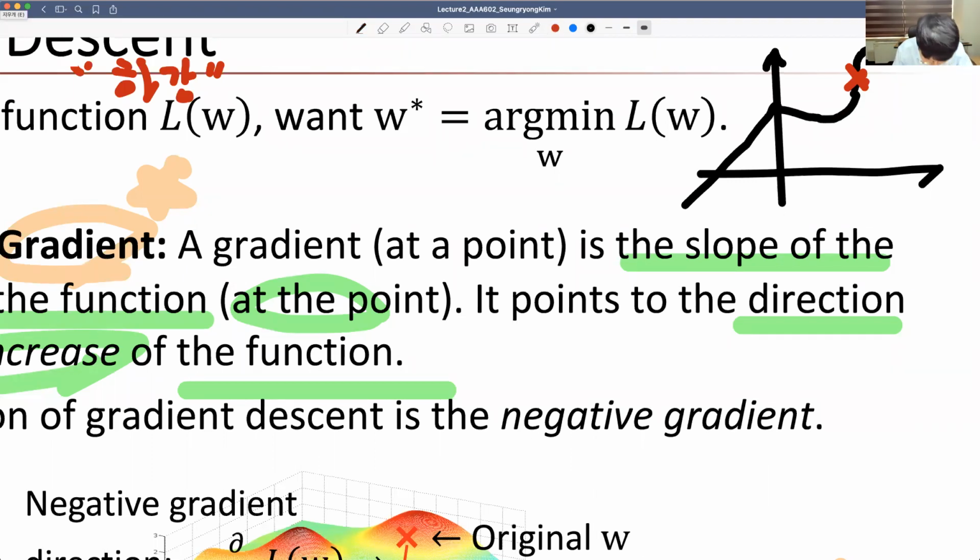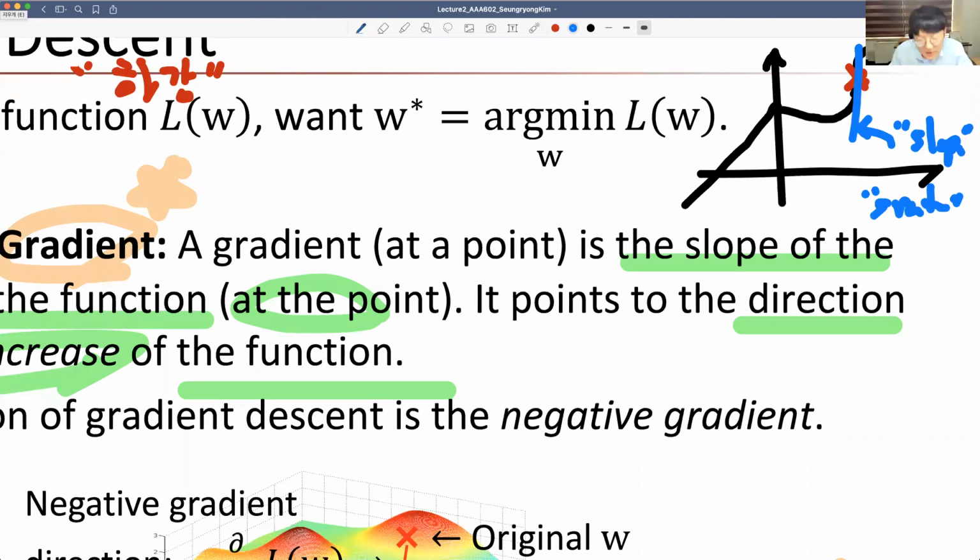The slope of the tangent at this point looks like this, right? So the slope, or called the gradient, will be the slope of this tangent line, right?